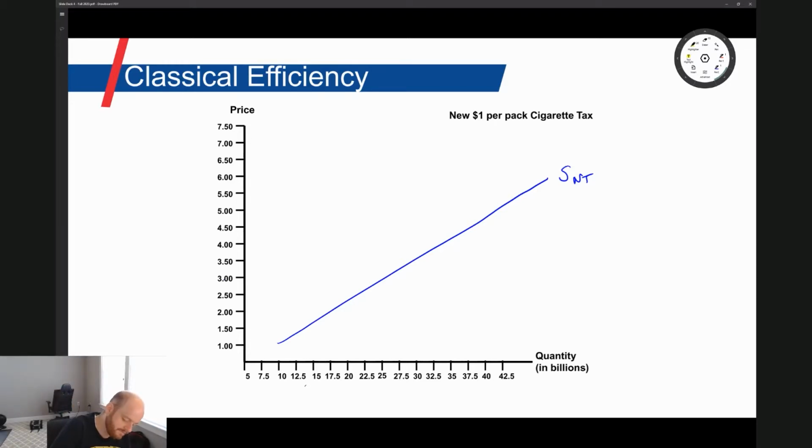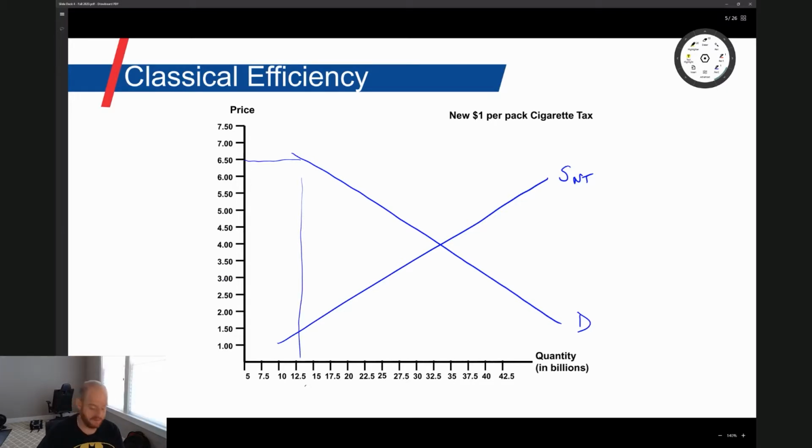Now the counter to the supply curve is going to be our demand curve, right? And the demand curve is downward sloping because it represents the price that we as consumers of a good, in this case cigarettes, would be willing to pay at any given price. So this downward slope is intuitive because at a higher price, we'd be willing to buy less cigarettes. At a lower price, we'd be willing to buy more cigarettes, right?